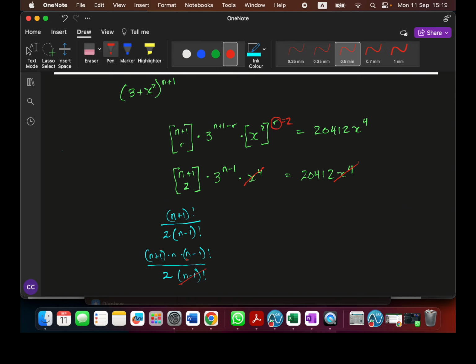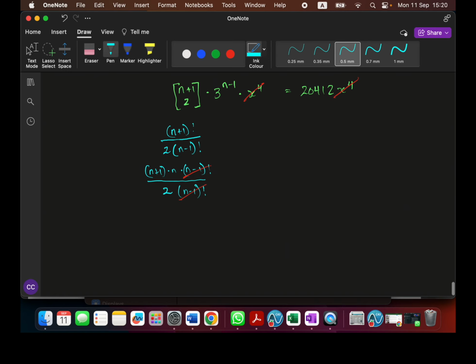Well, my factorials will cancel, and I will be left with n squared plus n all over 2 times 3 to the n minus 1 is the same as 20412.